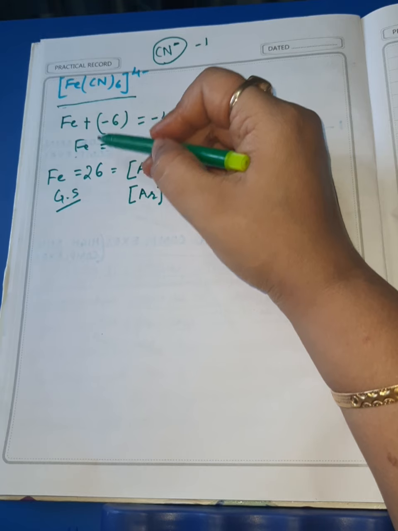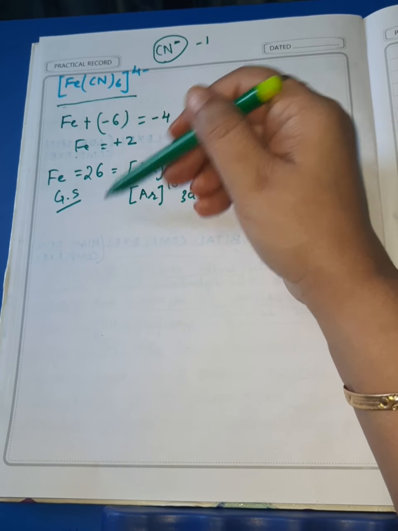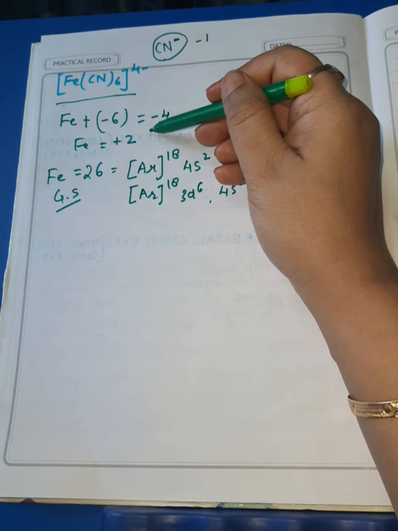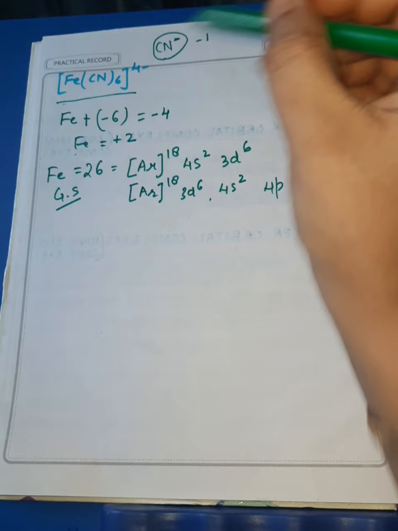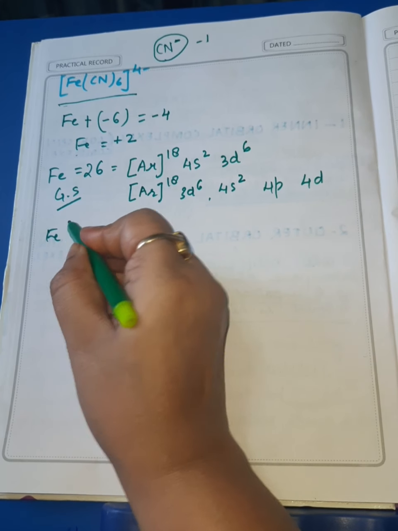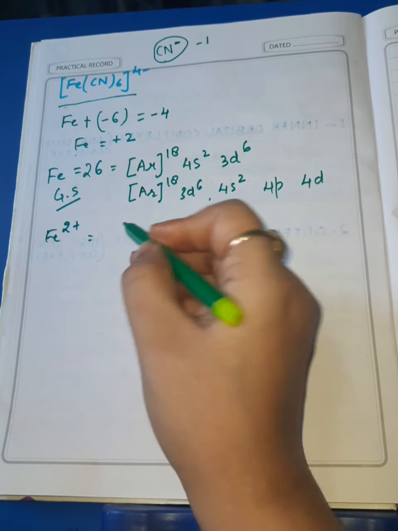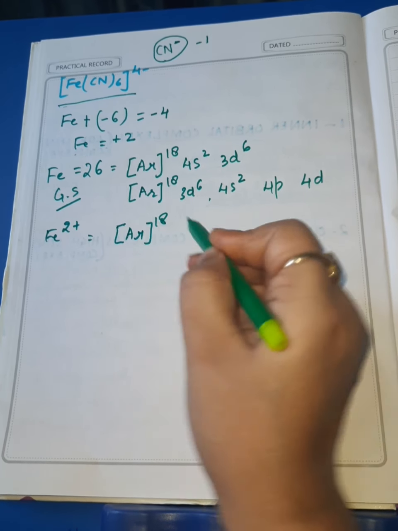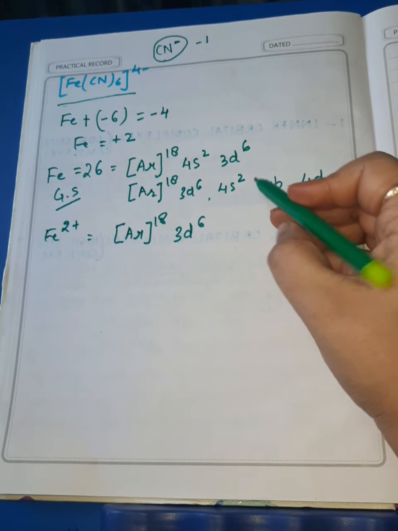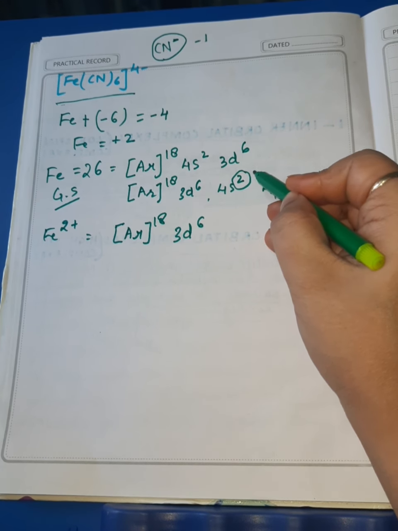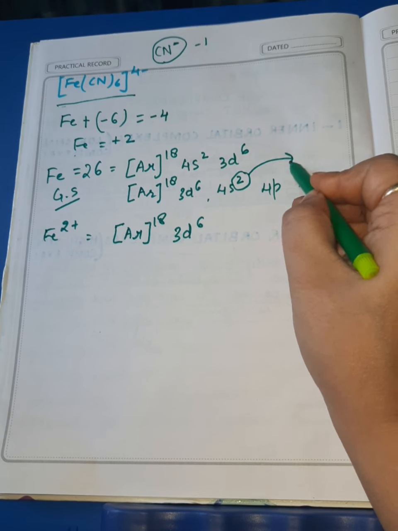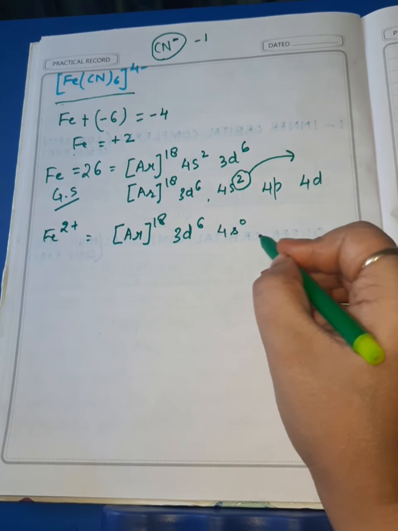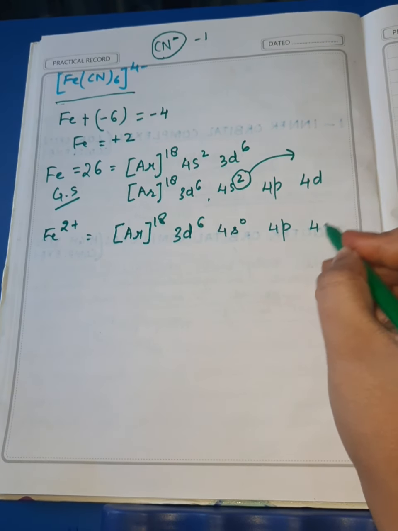But iron has not formed this complex in its ground state. It forms this complex in its excited state, in which its oxidation number is +2. So we will write the configuration of Fe2+. The Fe2+ configuration becomes argon 18 and 3d6. These two electrons from the outermost shell are removed to form Fe2+. So its 4s becomes 0, and 4p and 4d are vacant.